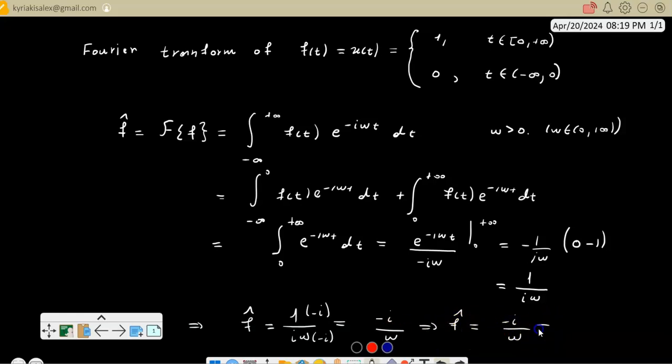So we can write f hat of i omega equals minus i divided by omega, which is a complex quantity. This function is a complex valued function.